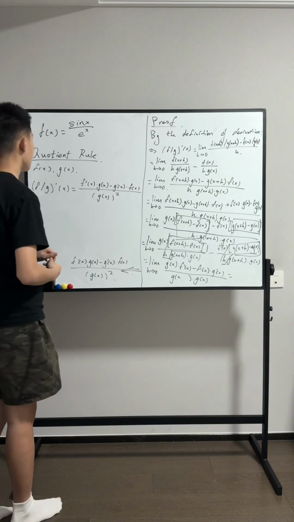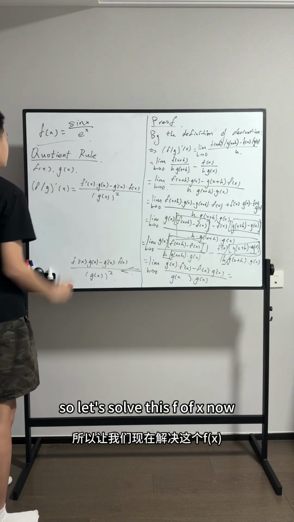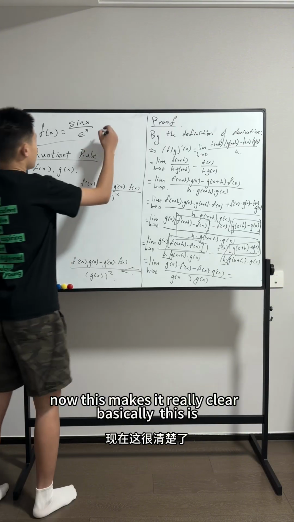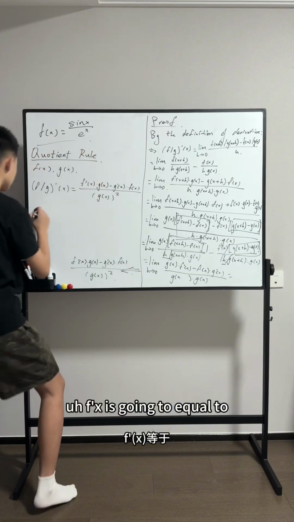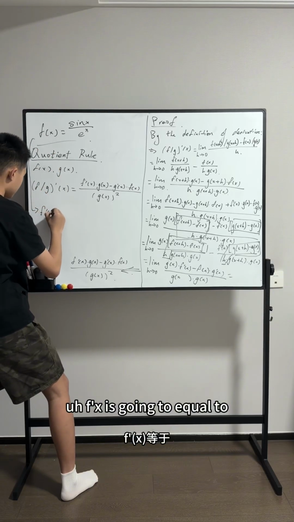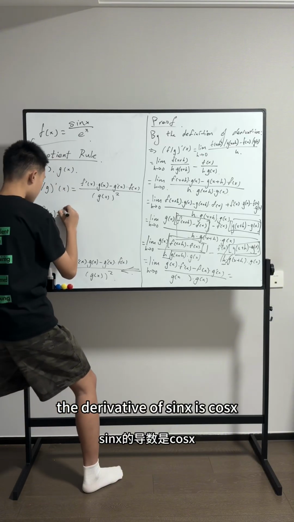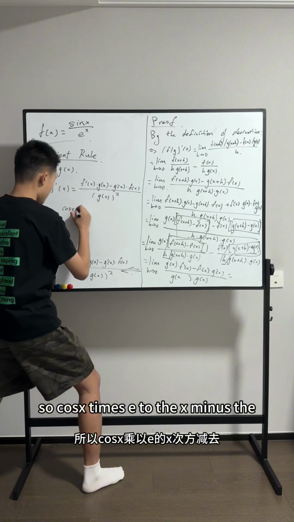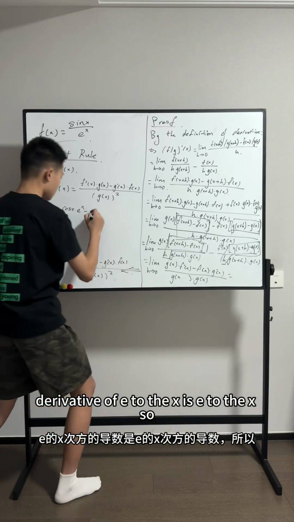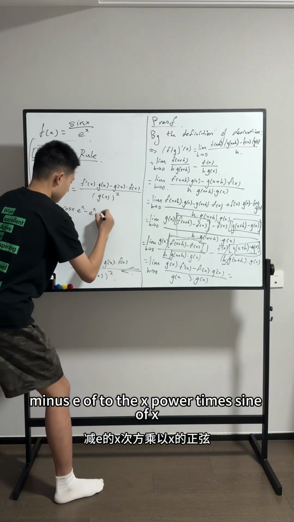And now, just getting back to the original function, so let's solve this f of x now. Now, this makes it really clear. Basically, f prime of x is going to be equal to the derivative of sine of x, which is cosine of x, so cosine of x times e to the x, minus the derivative of e to the x, which is e to the x, so minus e to the x times sine of x.